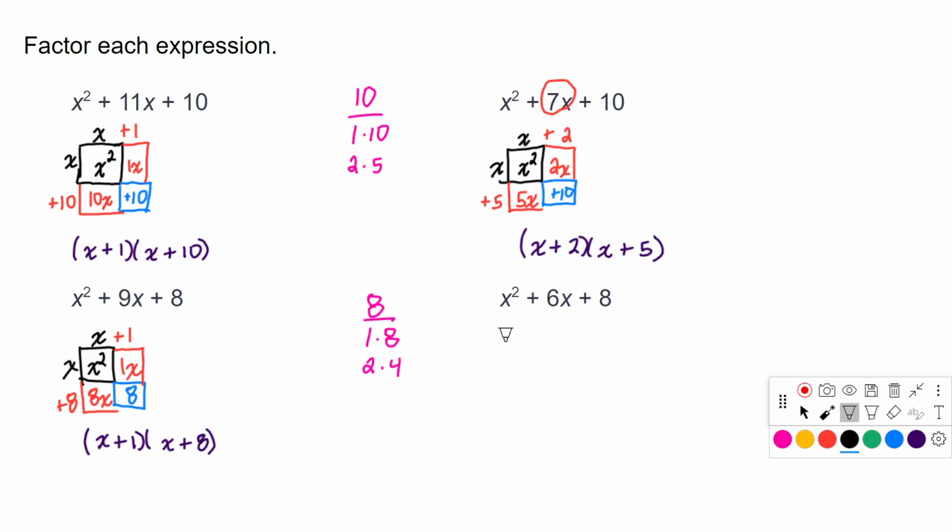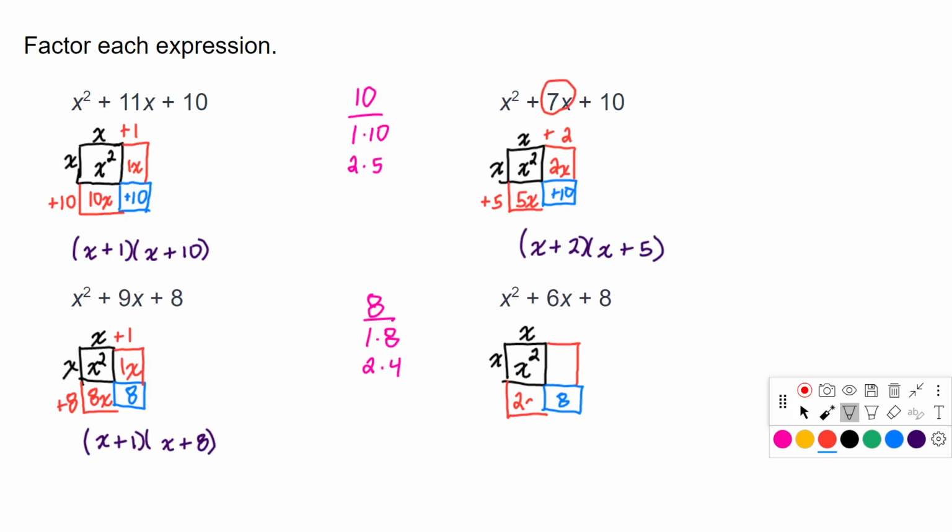And for the last one, we have x squared, we have the 8 units again, so we can use the same factor pairs we were just looking at, but this time we're looking for the pair that adds to 6, and that would be 2 and 4.